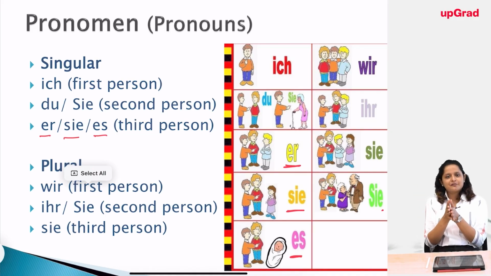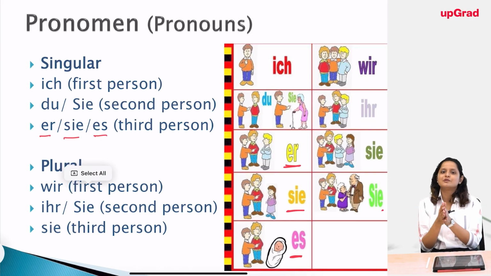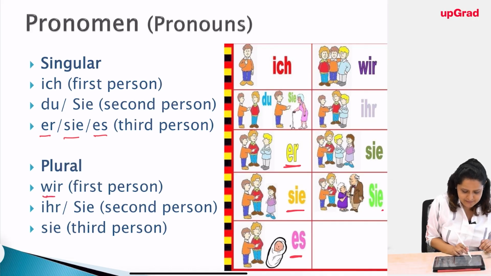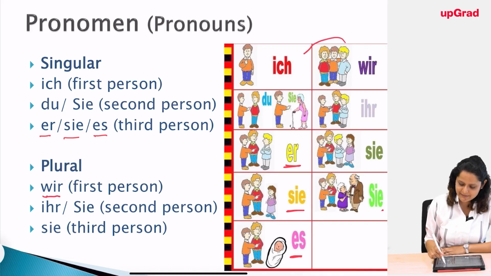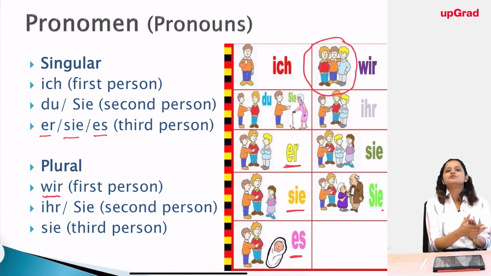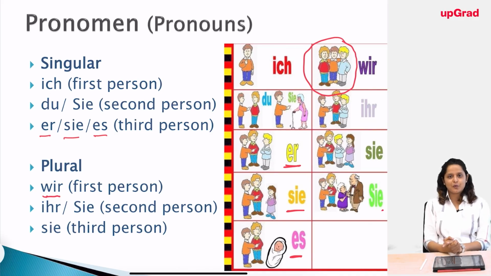When you talk of a first person collectively, or when there is somebody else with your first person, we address that first person as we are. As you can see, we are is a group of people who are doing something together, which is your first person plural. So your first person plural becomes we are.